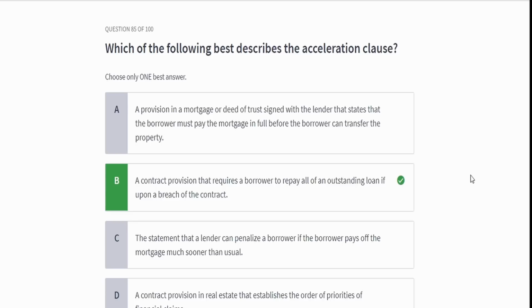Maybe you have to pay all the taxes associated with the property. If you don't, then the acceleration clause can kick in, and you would be considered in breach of contract, and that would require the borrower to repay all of the outstanding loan. Make sense? Hopefully.